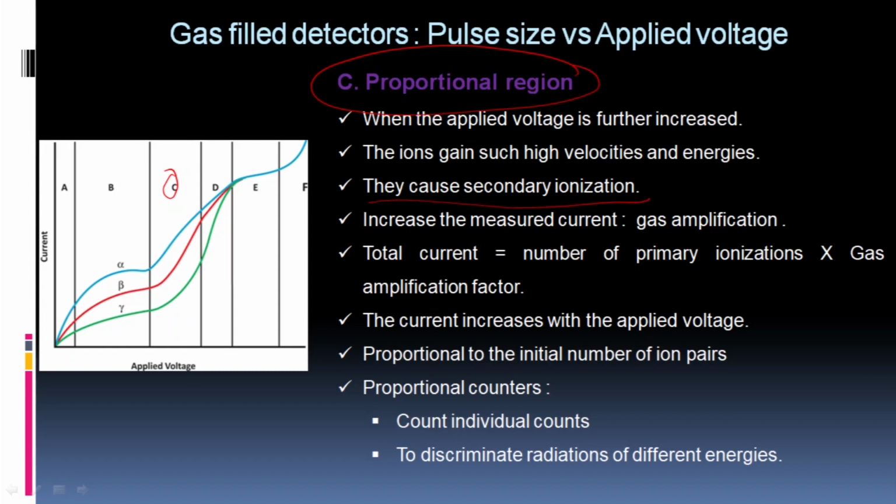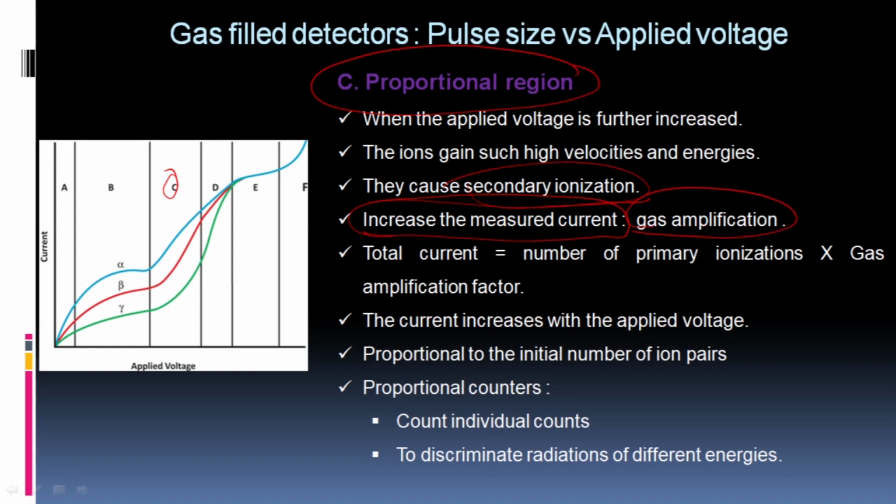One ion produces further ionization, and this is known as secondary ionization, and it increases the measured current. So these are not primary events, these are secondary events caused by high velocity and high energies gained from the acceleration of the higher applied voltage, and this is known as gas amplification.